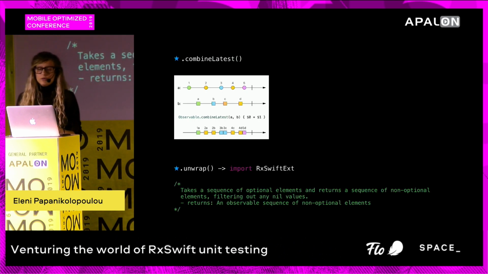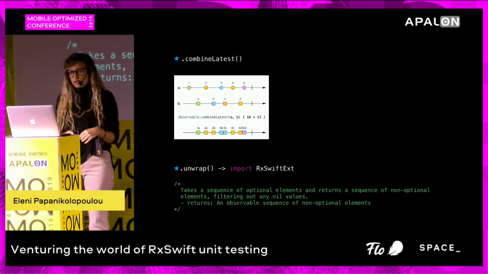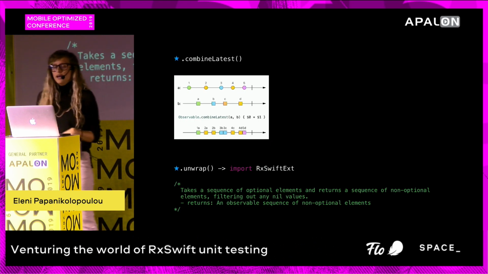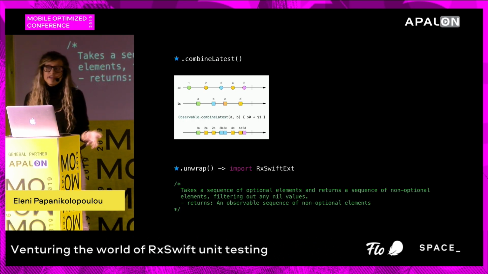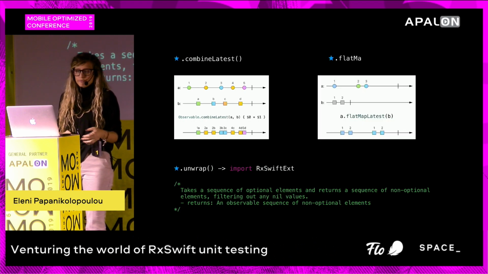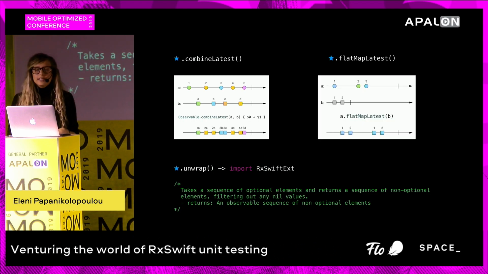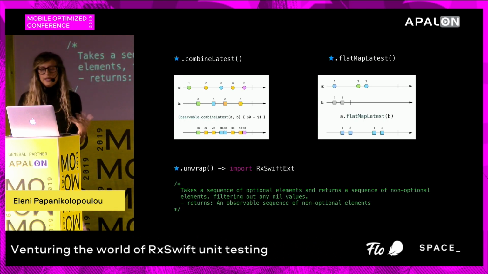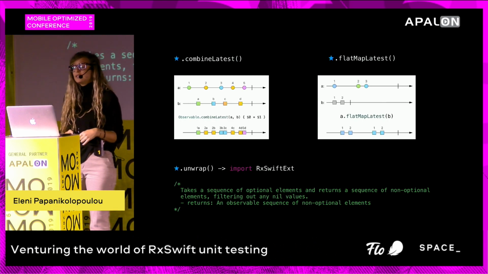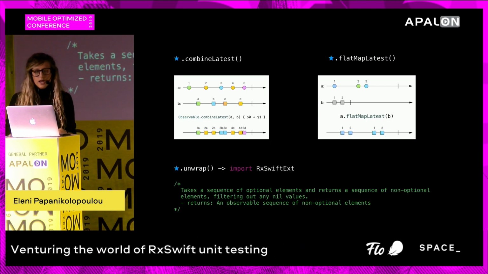The unwrap operator, which is part of the RxSwift extension and thus requires a different import, returns a sequence of non-optional elements. This means that it basically filters out the events with nil values. And then the flatMapLatest operator gets the latest events emitted by observables A and B and flattens the result to a single observable.